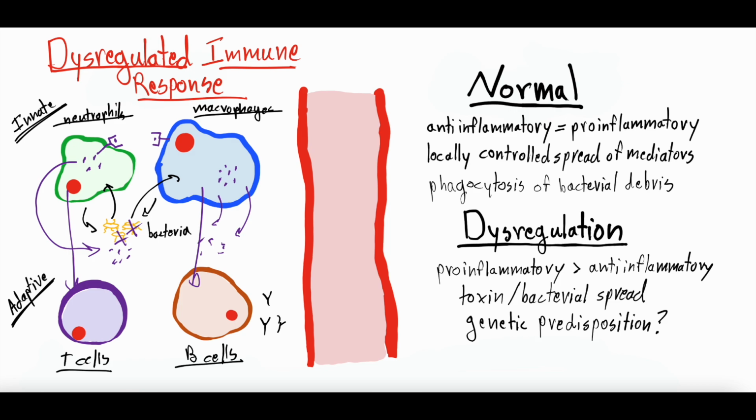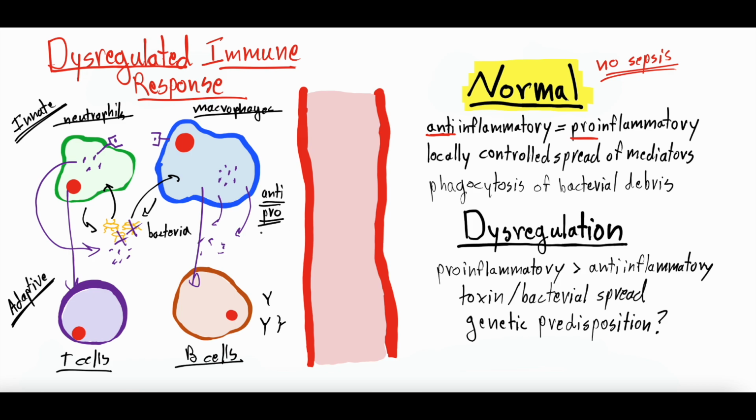But in a normal immune response, just because you have an infection doesn't mean that you develop sepsis. Sepsis only happens to a small subset of those with infections, because usually in the normal case, which we'll say is no sepsis, this is just the normal fighting off of an infection, the anti-inflammatory mediators or signaling molecules are balanced with the pro-inflammatory mediators, because these immune cells secrete anti-inflammatory mediators as well as pro-inflammatory mediators, right?